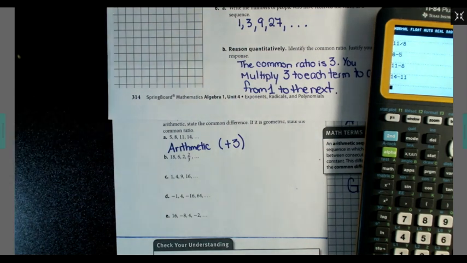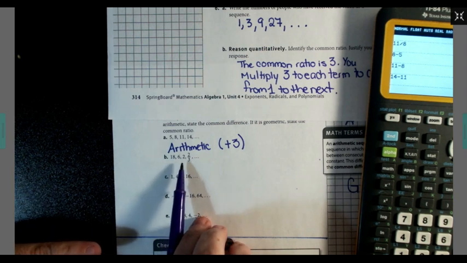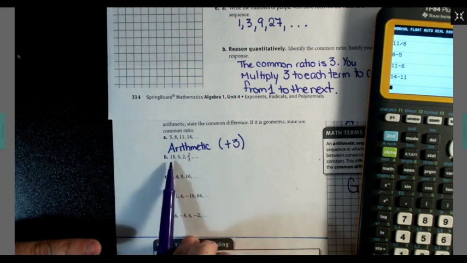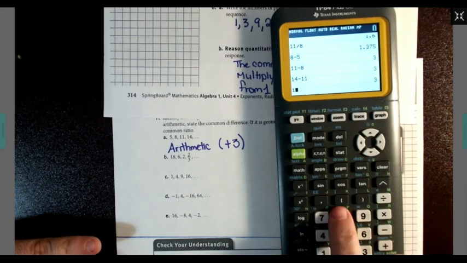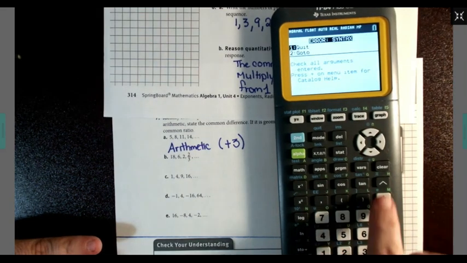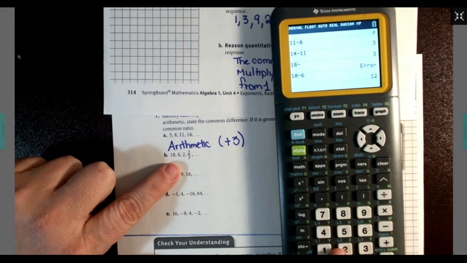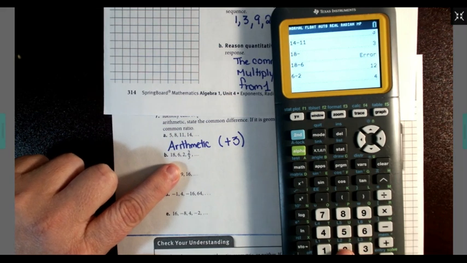All right. We have 18, 6, 2, 2/3. Well, if I would have subtracted 18 minus 6, 18 minus 6 is 12, but 6 minus 2 is not 12.